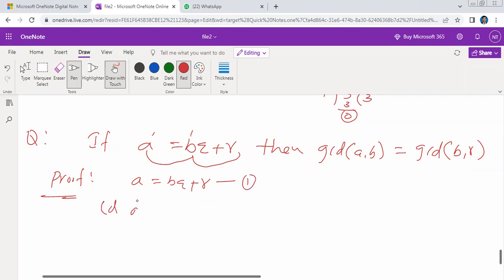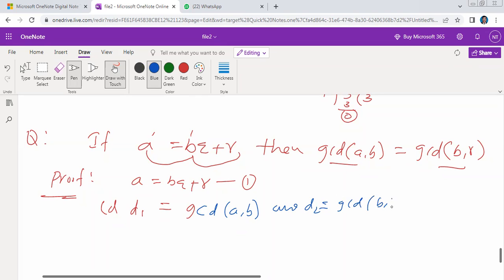Let D1 be the GCD of A comma B and D2 the GCD of B comma R. I need to prove that D1 is equal to D2.